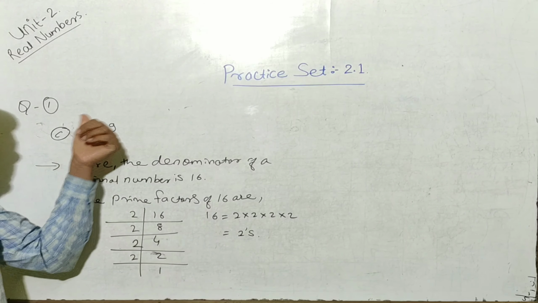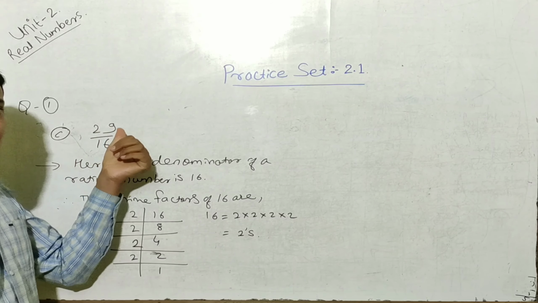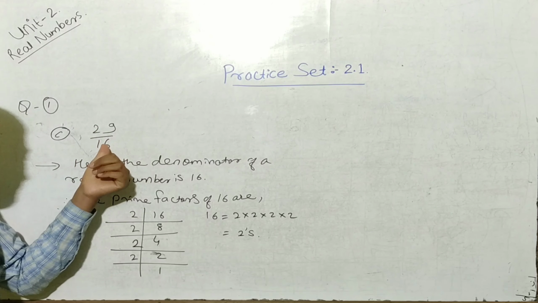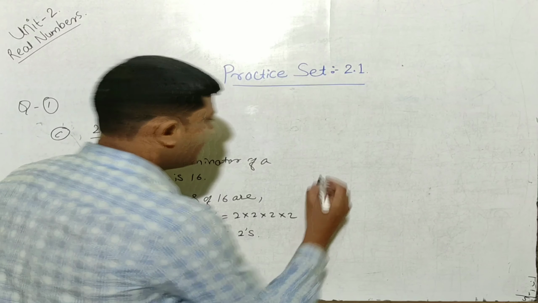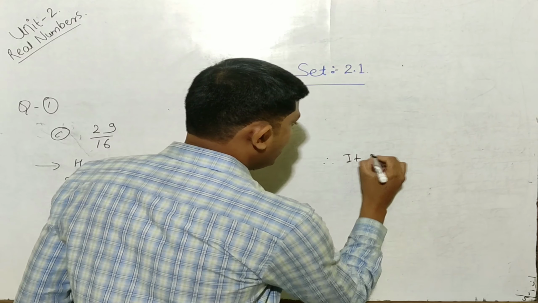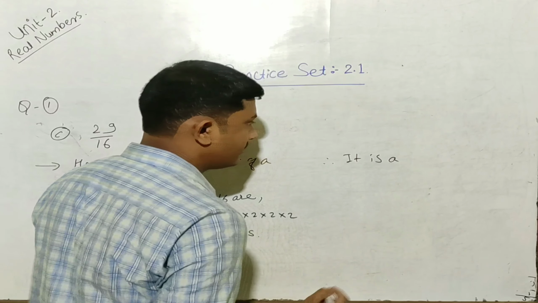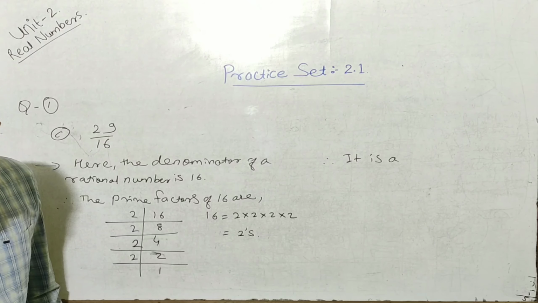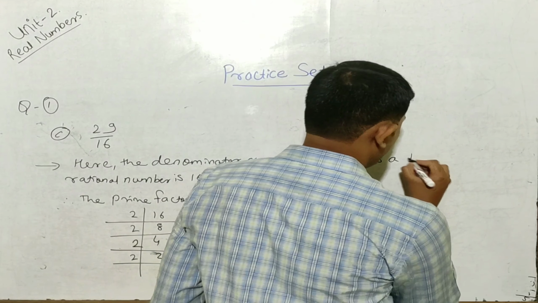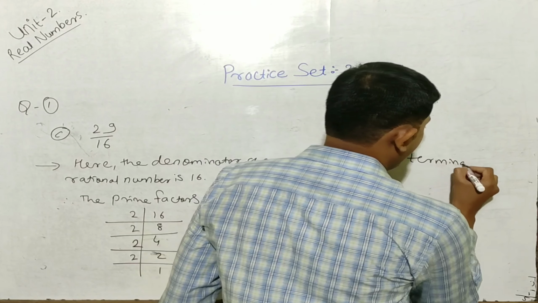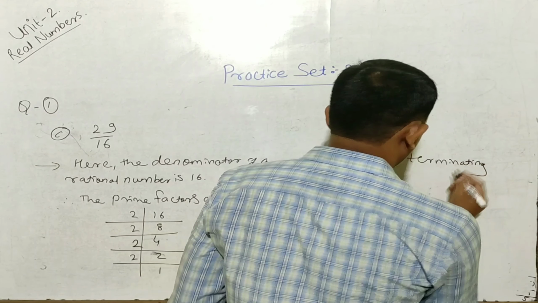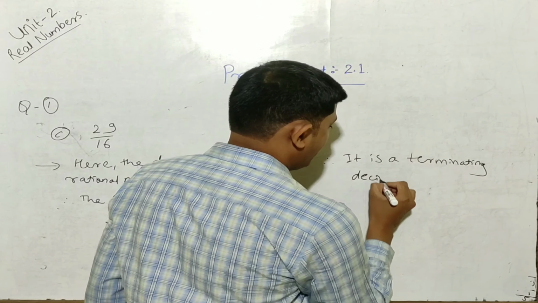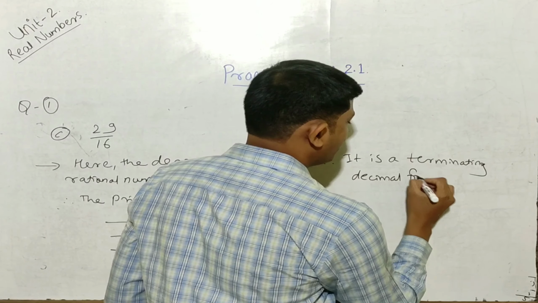Therefore the given rational number 29 upon 16 is a terminating decimal form.